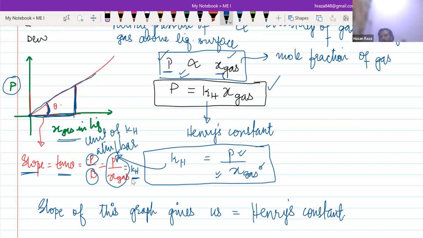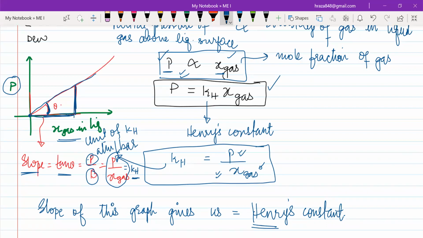So the graph of partial pressure versus mole fraction of gas in liquid will be a straight line passing through the origin, in which the slope of this graph will give Henry's constant. Anushka, is that clear? Yes, sir.